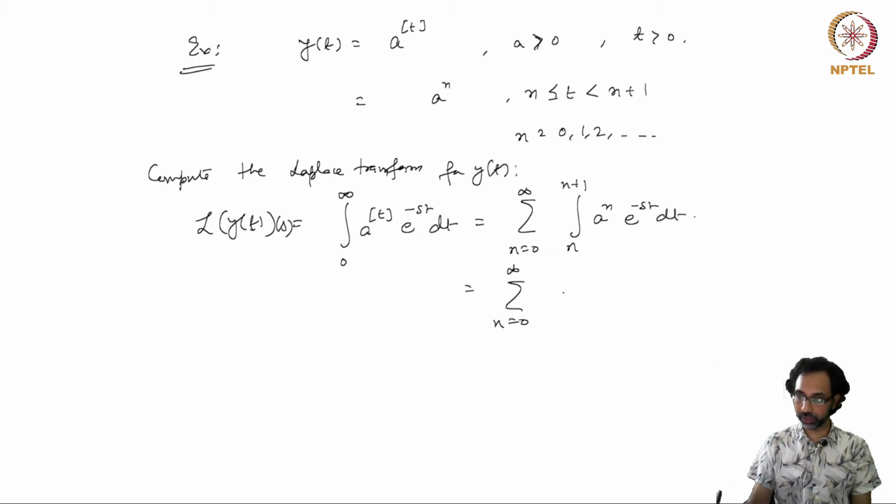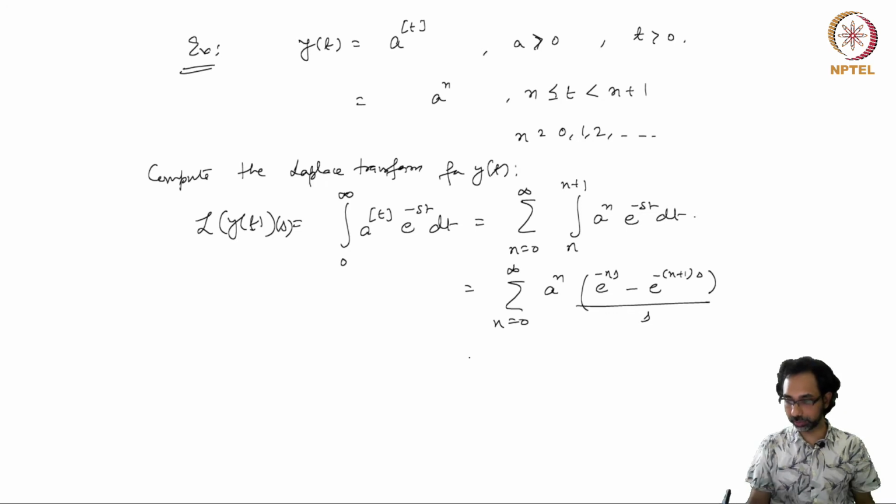the sum n equal to 0 to infinity a to the power n times e to the power minus ns minus e to the power minus (n plus 1)s, over s. So this can be written as the sum n equal to 0 to infinity a to the power n.